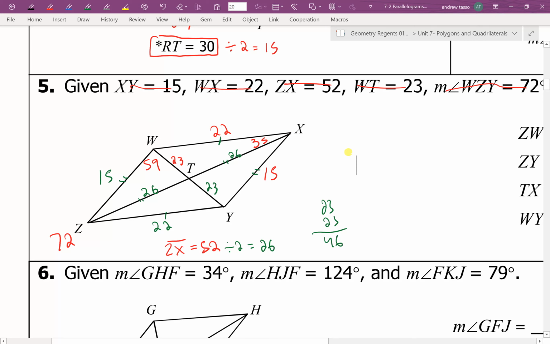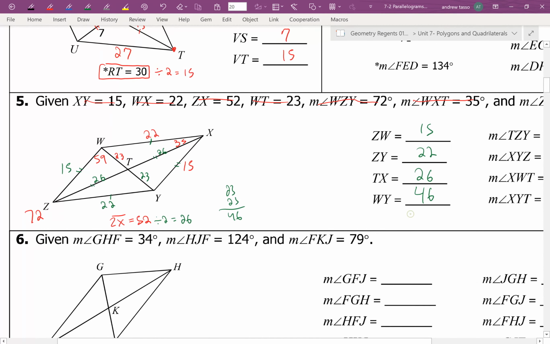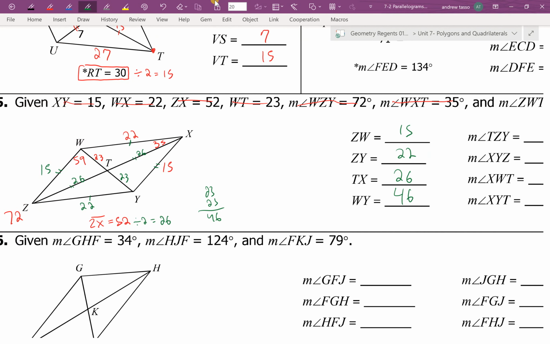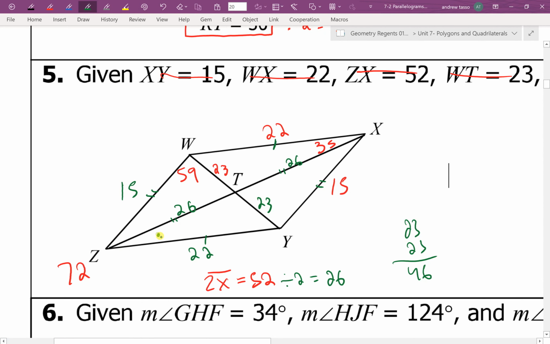So the next thing I'll have to do is to figure out the missing angles that they want me to figure out. So let's see what they want me to do. How about TZY? So let's look for TZY. TZY is over here.